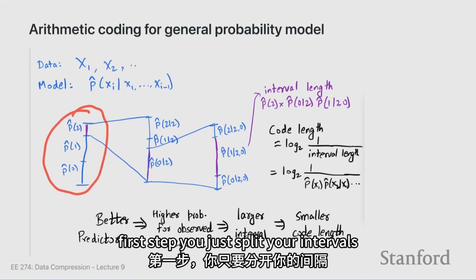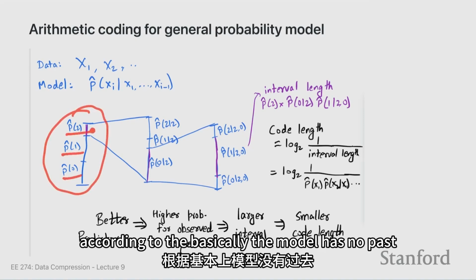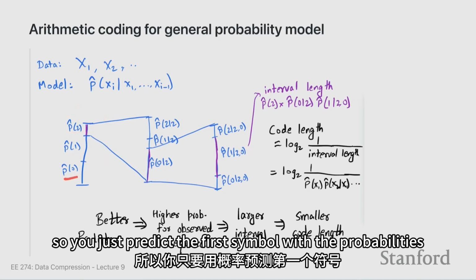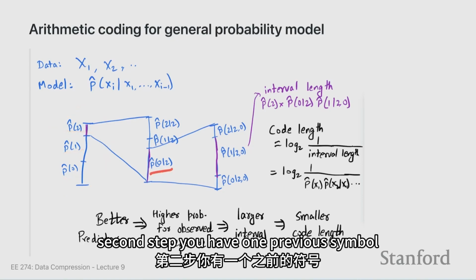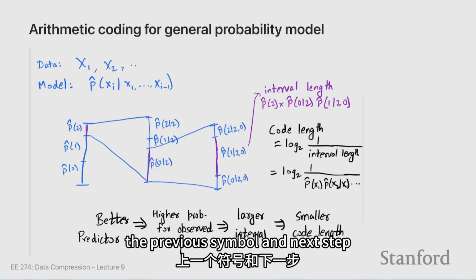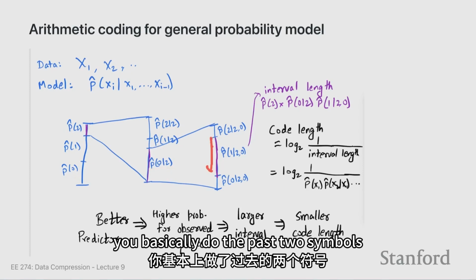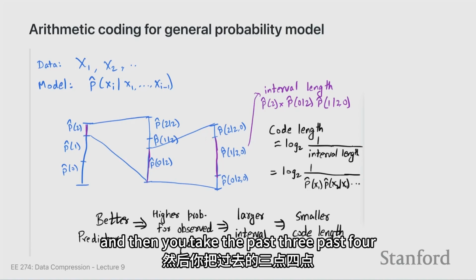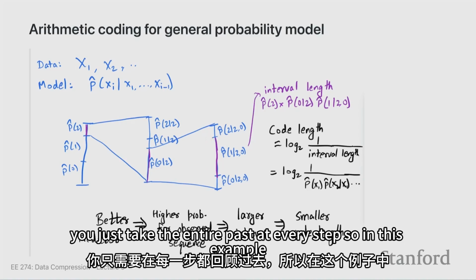First step, the model has no past, so you just predict the first symbol with the probabilities. Second step, you have one previous symbol, so you predict the probabilities according to the previous symbol. Next step, you use the past two symbols, and then past 3, past 4, you take the entire past at every step.